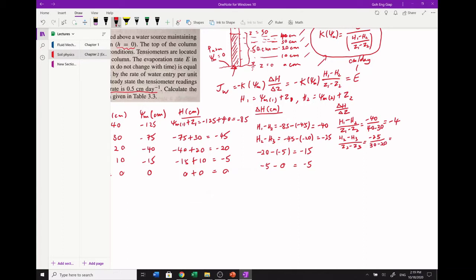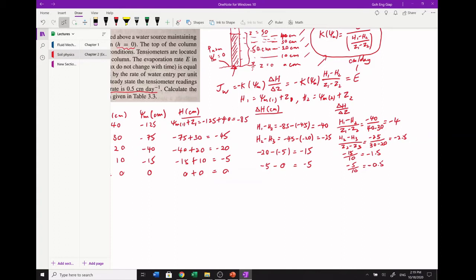So it's 30 minus 20, so we get 10, so we get negative 2.5. And here is negative 15 divided by 10, you get negative 1.5. Here is negative 5 divided by 10, you get negative 0.5.